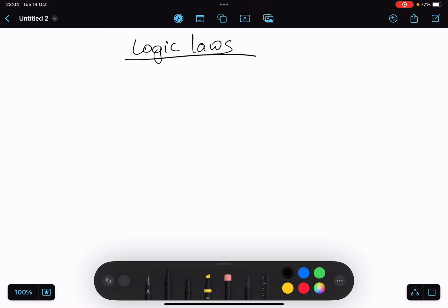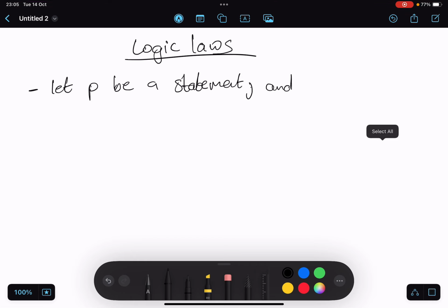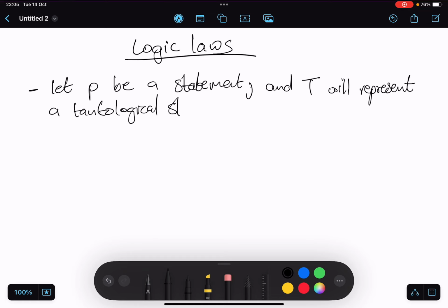So let P be a statement or a proposition, and capital letter T will represent a tautological statement.